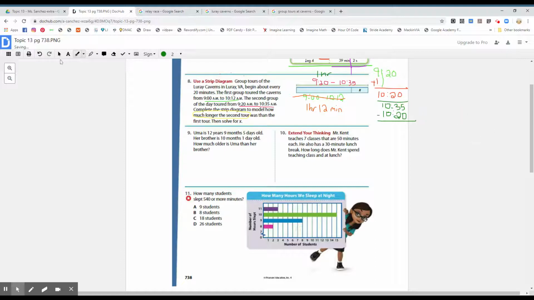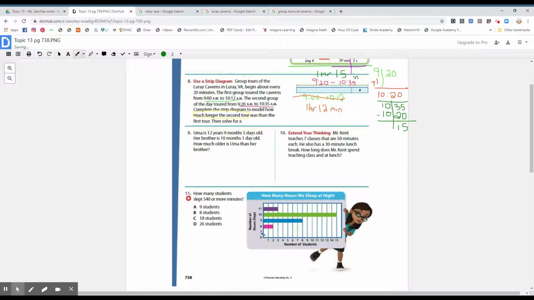Okay, so we have 10:35 but we said 1 hour passed, so it's now 10:20. So we still have this amount left. Remember, please divide the units. 5 take away 0 is 5, 3 take away 2 is 1, 10 take away 10 is nothing. So we have 1 hour and 15 minutes left.